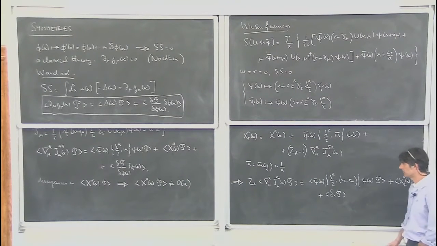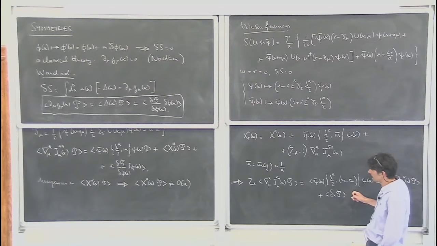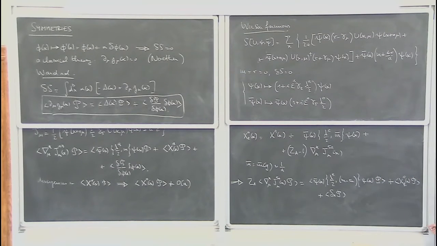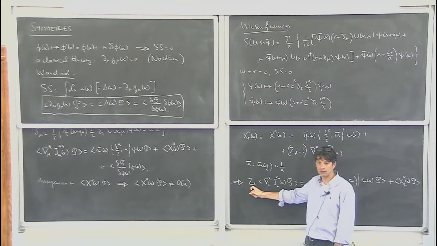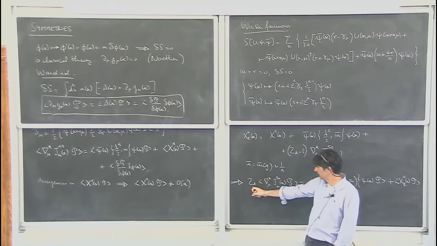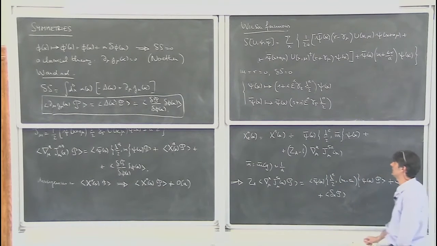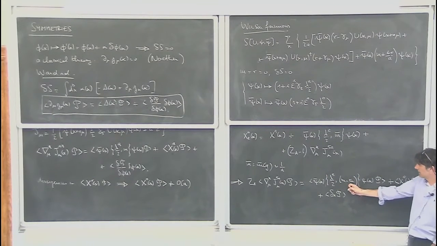Okay? So if you compare the Ward identity with the Ward identity that you would get in the continuum theory, Z_A is equal to 1. Okay, the axial current doesn't renormalize, and we have no fine-tuning of the mass, which is necessary here.